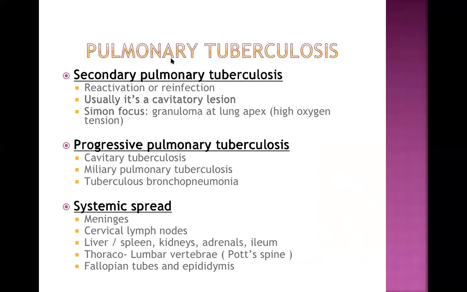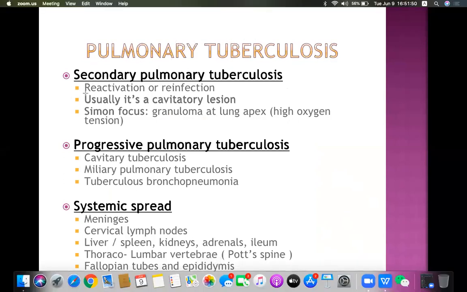Reactivation means the organism is already there in the hidden or latent stage, and because of decreased immunity, that organism has become powerful again and can cause the disease. Reinfection means a new organism has entered the lung from the outer environment and can cause the disease. So there is a difference.